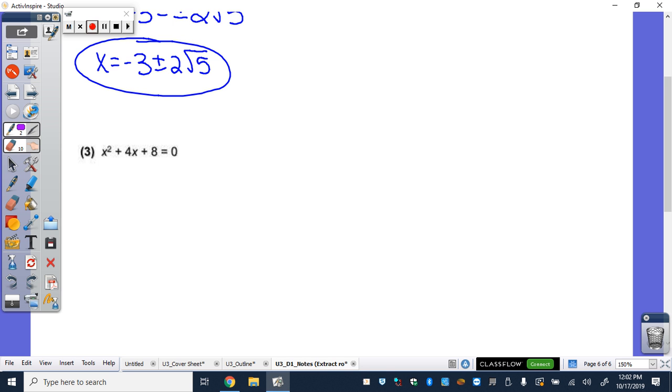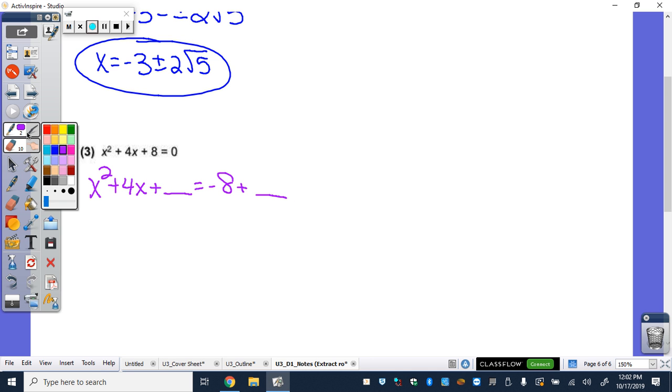All right, third one is 8, a perfect square? Nope, so we'll bring that over. This time we're going to have to subtract it over, so it would be negative 8 plus a space over there. So what number goes in our space? 4, because half of 4 is 2, and 2 squared is 4. So then our left side would factor into x plus 2 squared.